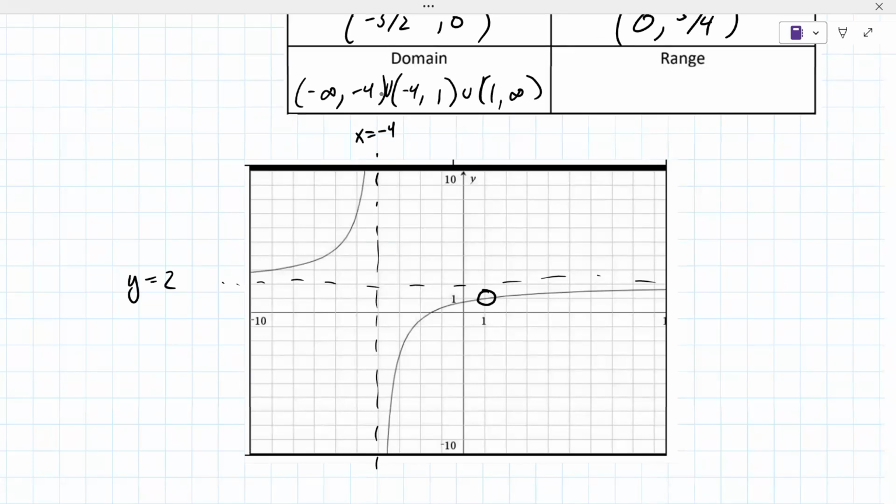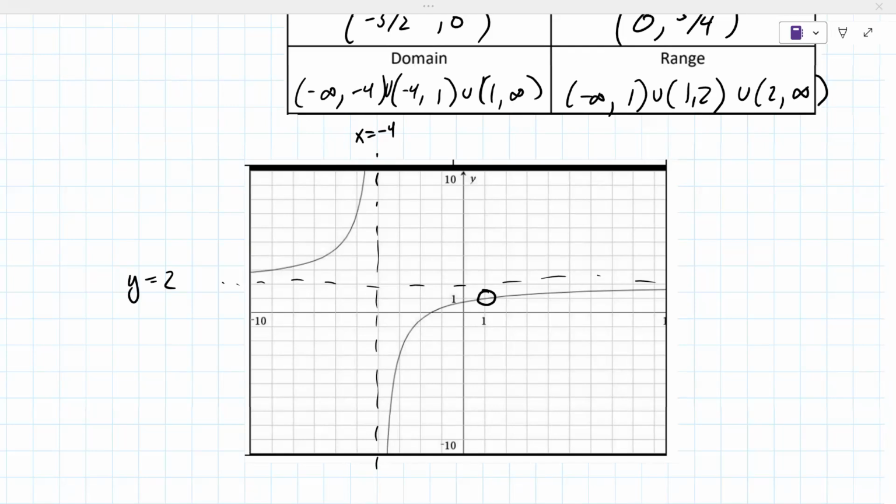Okay, that works. And then range, I put -infinity to 1, and then 1 to 2, and then 2, infinity. That's it. Good job. Any questions on that? No, I don't have any questions with that.